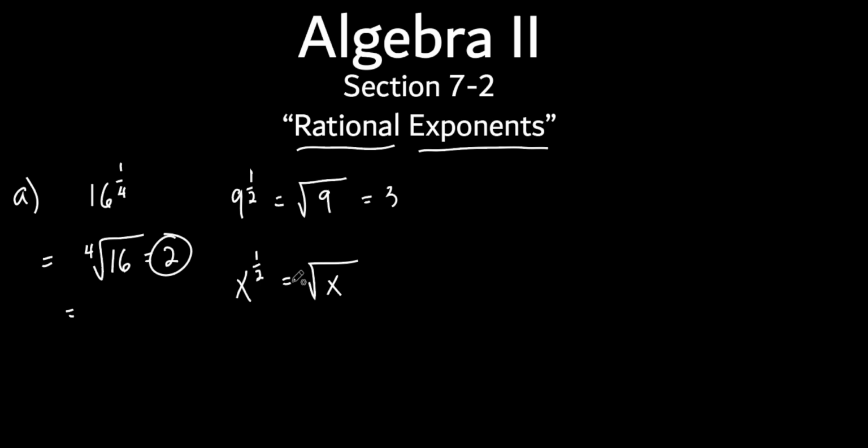So the next one is, this is B. Scooch it up a little bit. So B is negative 125 to the 1/3 power. Okay? Now, does this mean I'm taking the negative to the 1/3 power? No, I'm only taking the what?